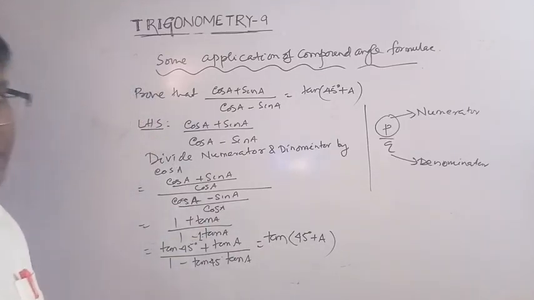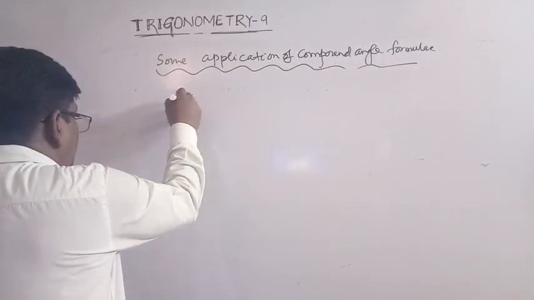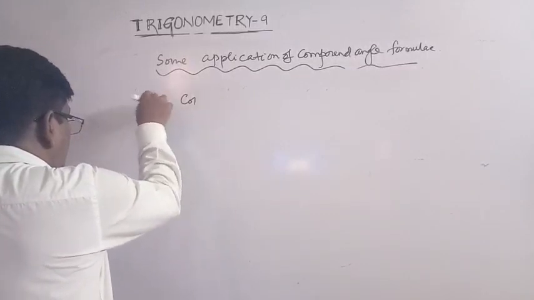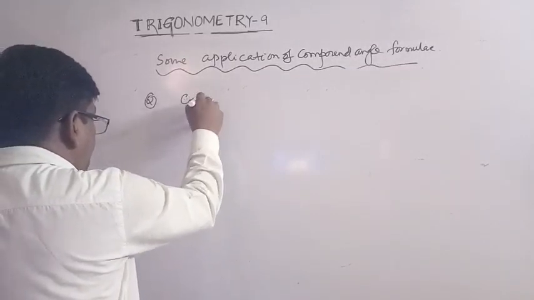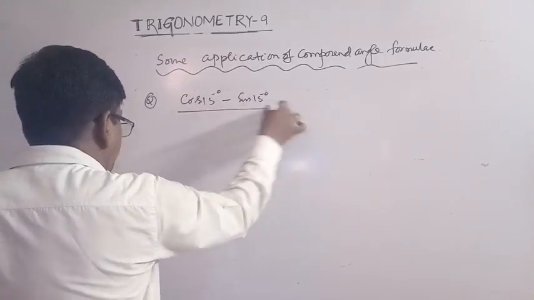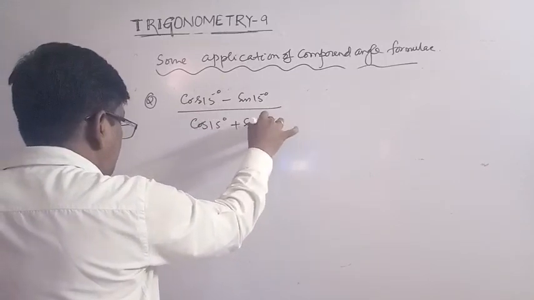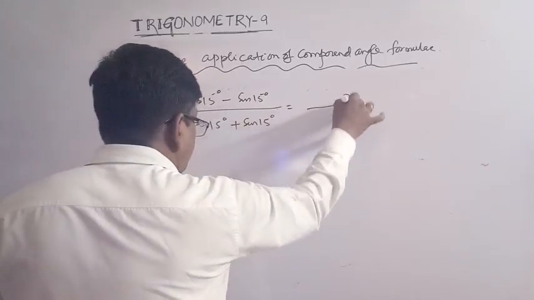Now some questions related to this. For example, (cos 15 degree minus sin 15 degree) divided by (cos 15 degree plus sin 15 degree) is equal to dash.